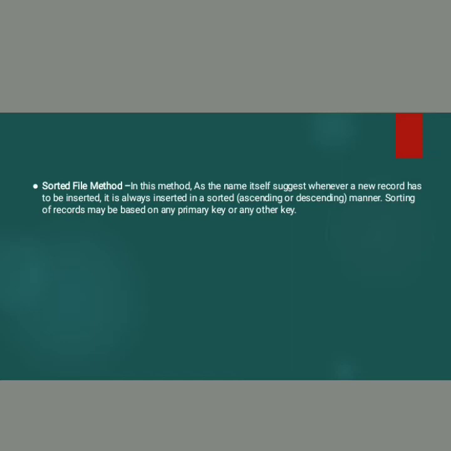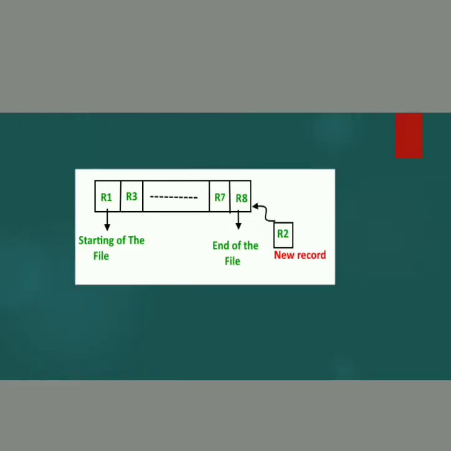The second method is the sorted file method. In this method, whenever a new record has to be inserted, it is inserted in a sorted manner, meaning ascending or descending order. Here the start of the file is R1 and the end of the file is R8. Suppose a new record R2 has to be inserted in this sequence.